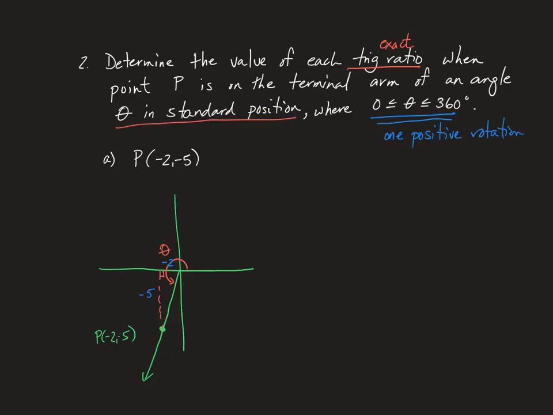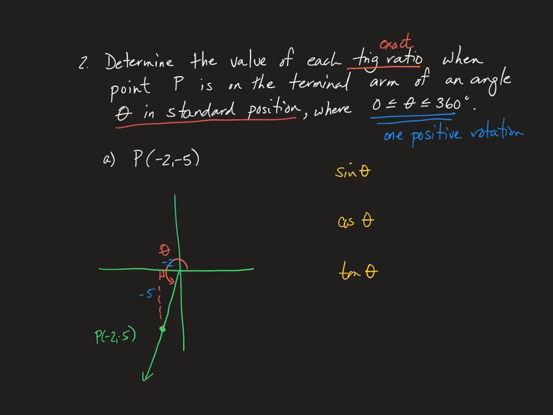Now that I have those two values labeled on the triangle, I could start to work my way through coming up with each trig ratio. I've been asked to come up with the exact value of what sine theta, cos theta, and tan theta is. So right now, I can only come up with one of those ratios.